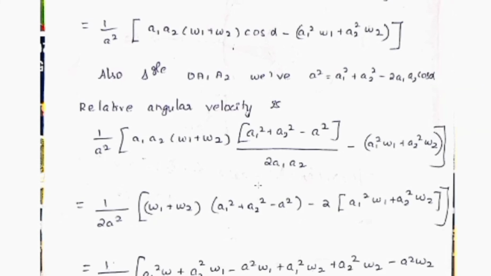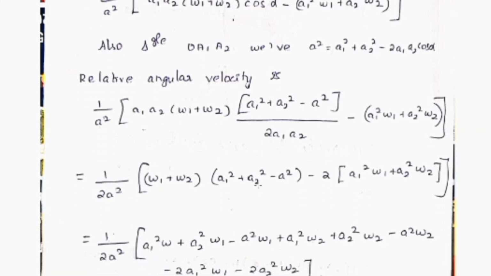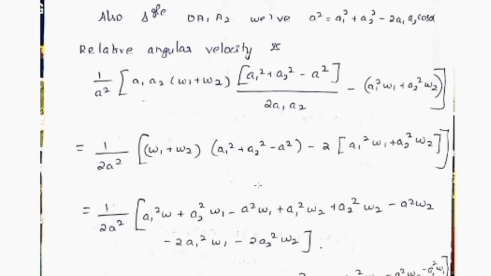Multiply the 2 into that term, and multiply each individual term: ω1 into a1², ω1 into a2², ω1 into a², and similarly for the others. Finally cross out the terms that cancel.